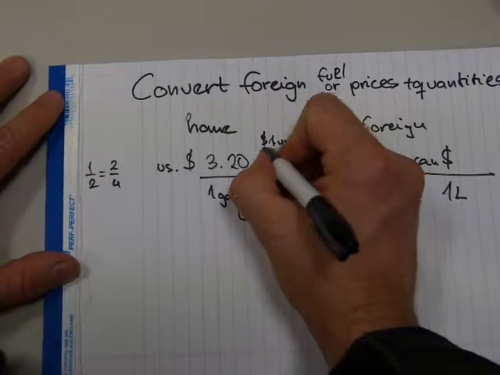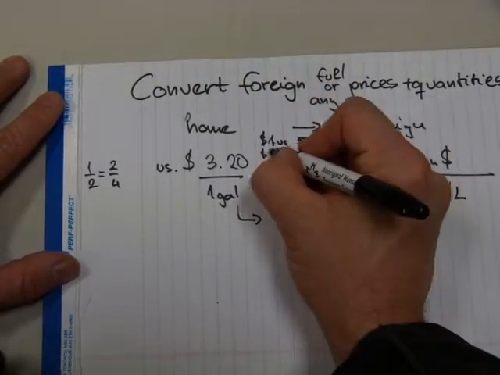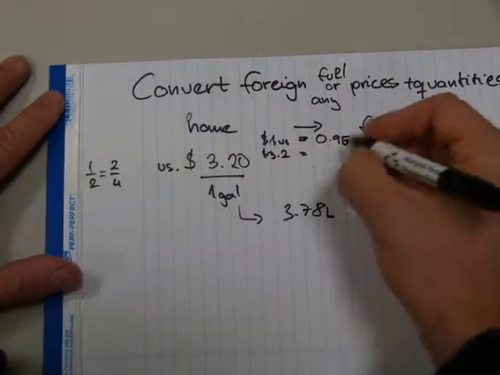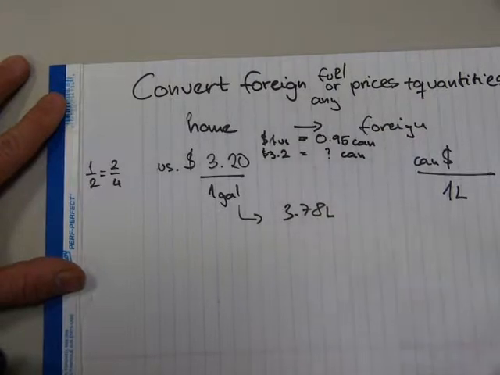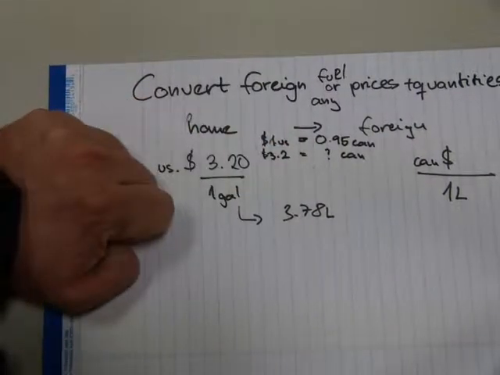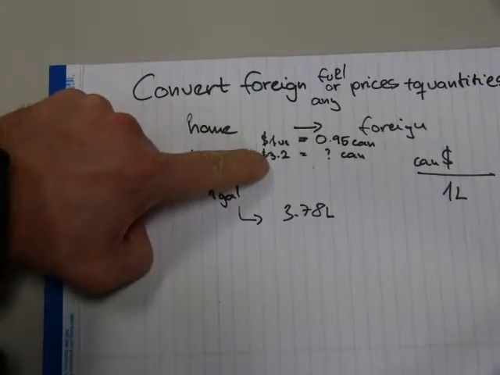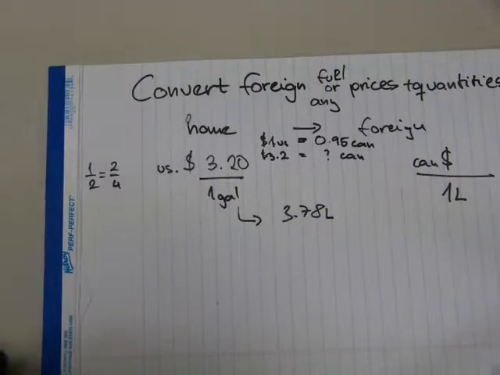Therefore, $3.2, sorry, 3.2 will be how many cents Canadian? If 1 American dollar buys 95 Canadian cents, then 3.2 American dollars will buy 3.2 times as many Canadian cents.